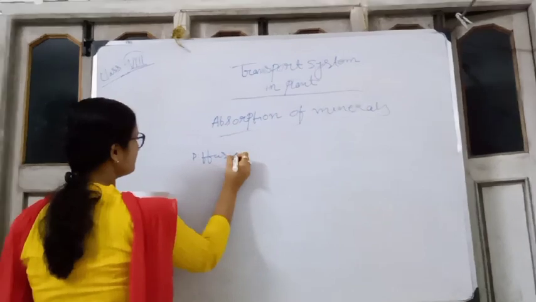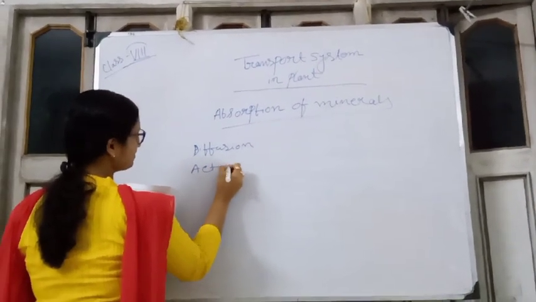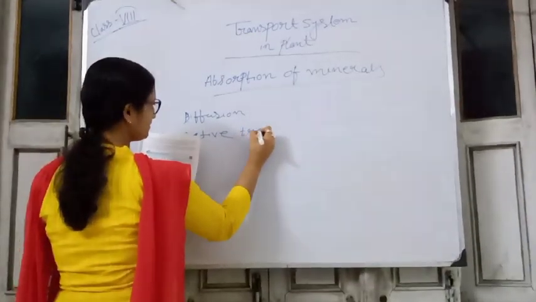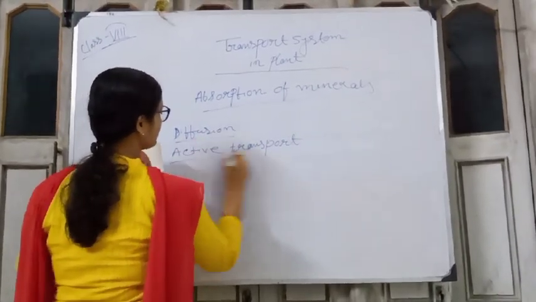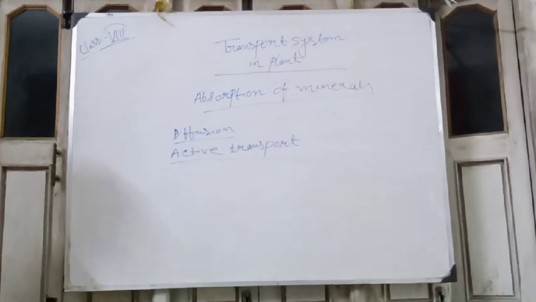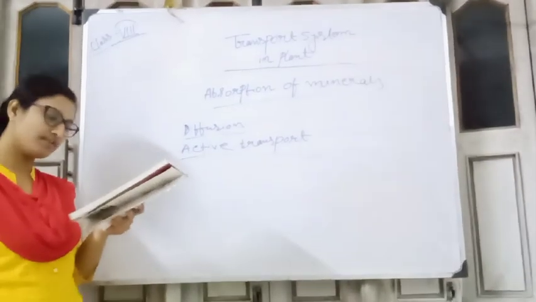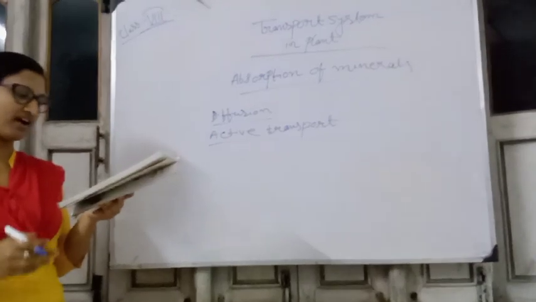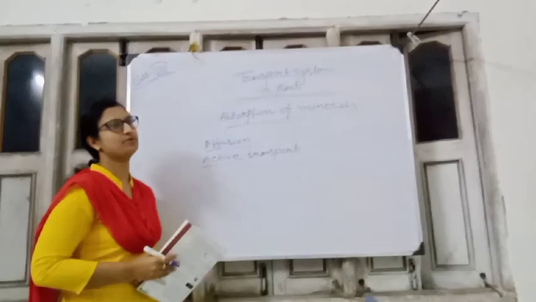Diffusion and active transport. Then we have to know what the diffusion process is and what the active transport process is. Diffusion means that when the concentration of a mineral in the soil is higher, the cells can easily absorb the mineral by the diffusion process.